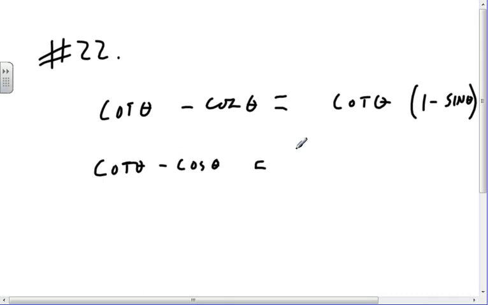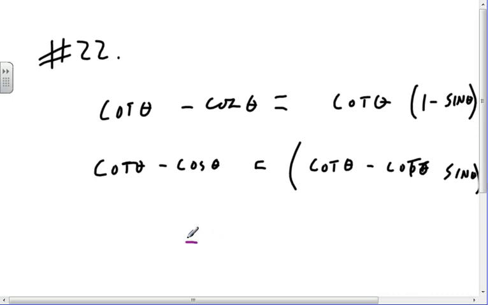We're gonna distribute this: cotangent theta minus cotangent theta sine theta.